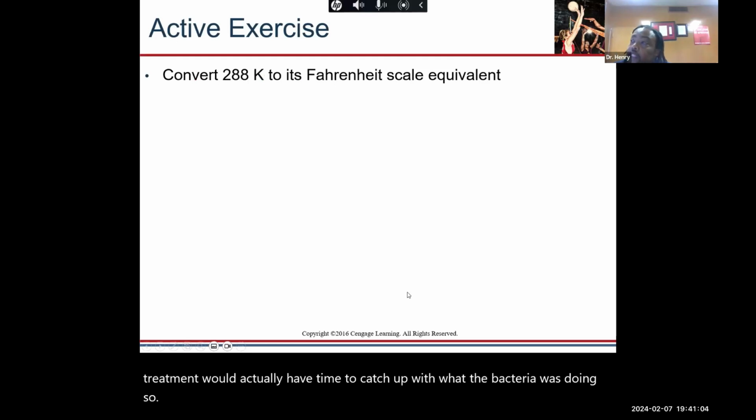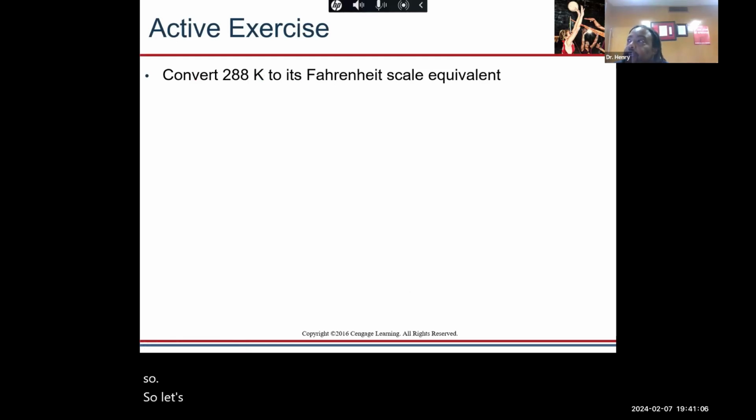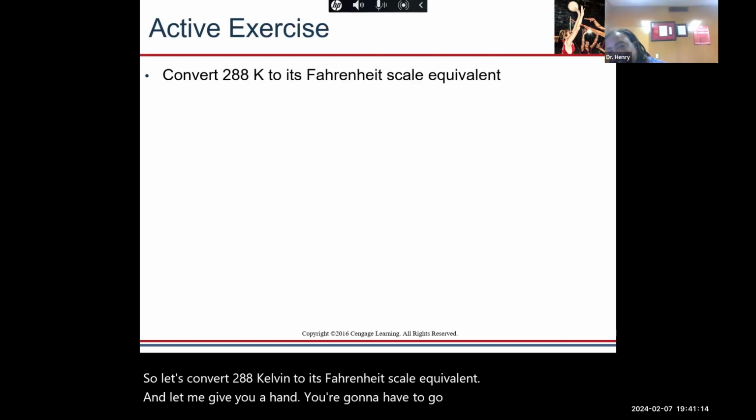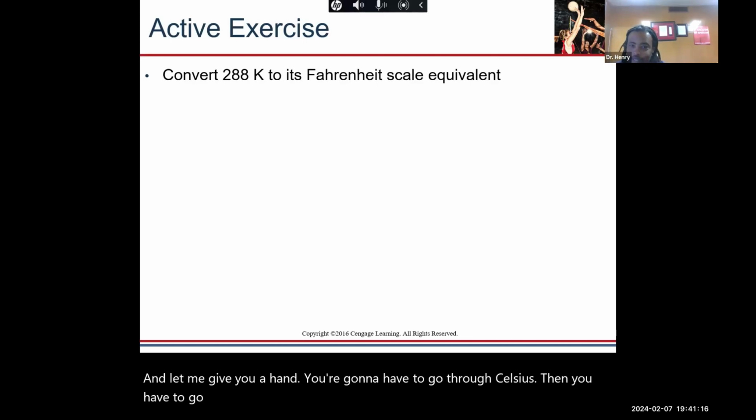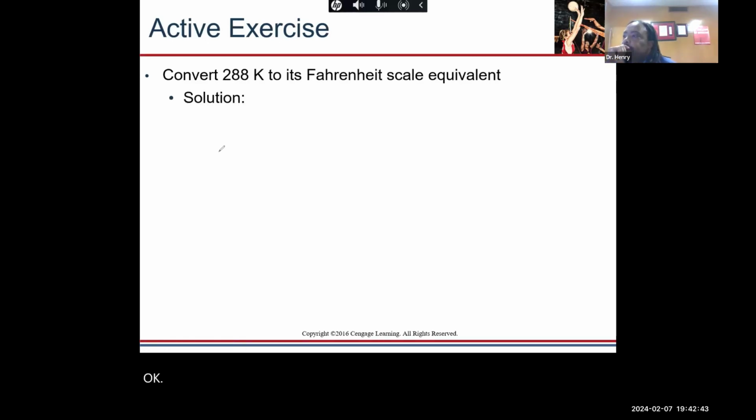So let's convert 288 Kelvin to its Fahrenheit scale equivalent. Let me give you a hint: you're going to have to go through Celsius, then to Fahrenheit. So we're starting with 288 Kelvin.